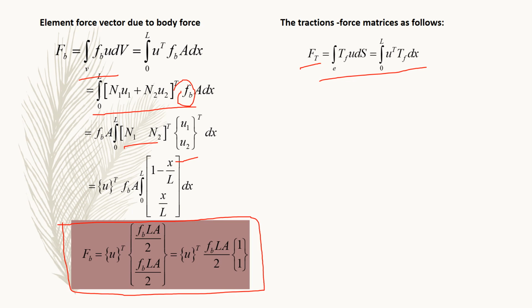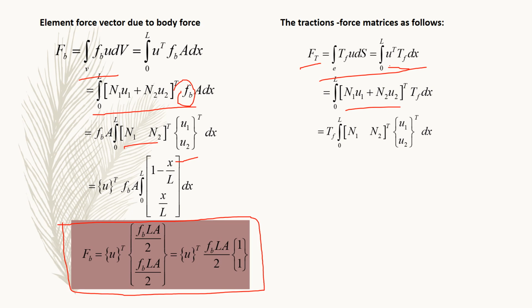So in this, transpose U transpose into T into T suffix x and dx. Then substitute this U displacement equation in this and separate the matrices like N1 N2 transpose and U1 U2 transpose.